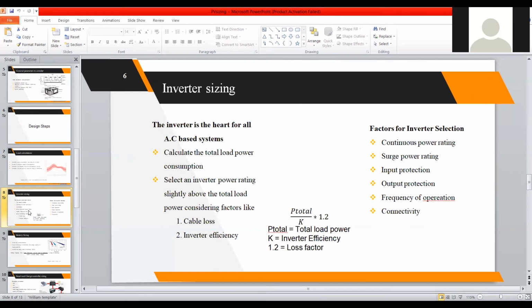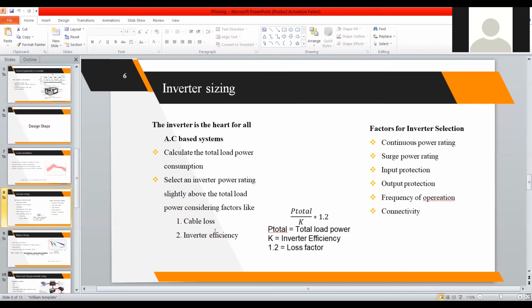So the total power that you've already calculated must be multiplied by a factor, something we call a safety factor, because there's loss between the load and the inverter. There's cable loss in between them. So you want to account for that as well. So you multiply that by a factor of 1.2, to say a 20% safety factor.